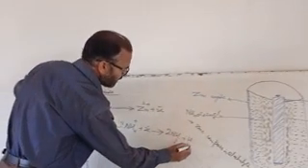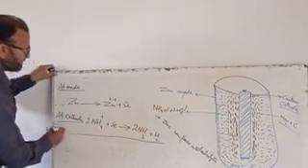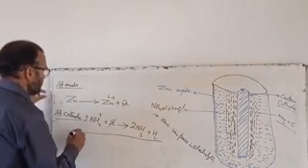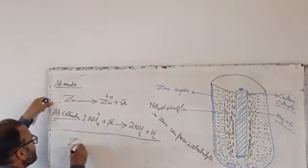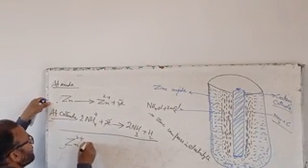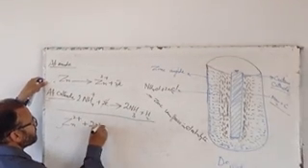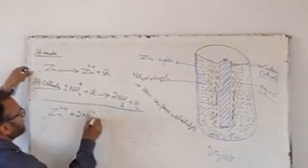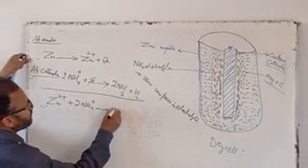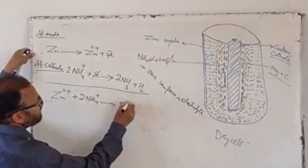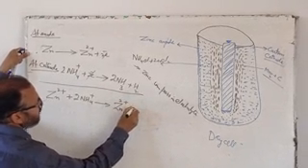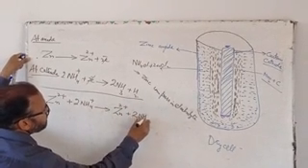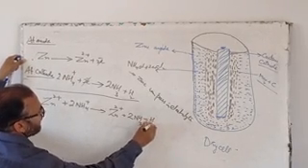So the overall reaction at cathode and anode is Zn gives Zn2+ plus 2 electrons, and 2 NH4+ plus 2 electrons gives 2 NH3, ammonia gas, plus hydrogen gas.